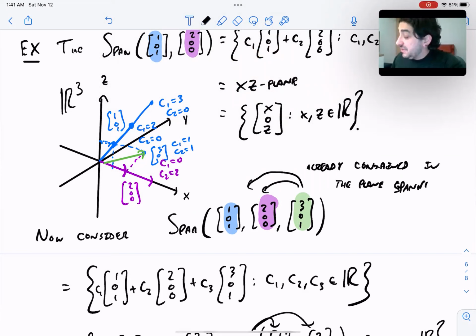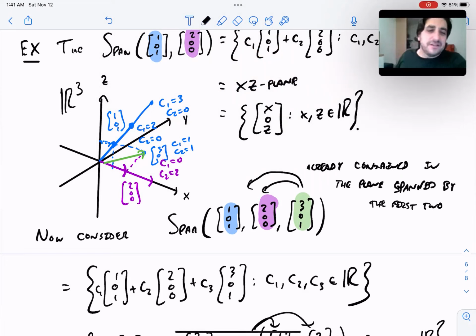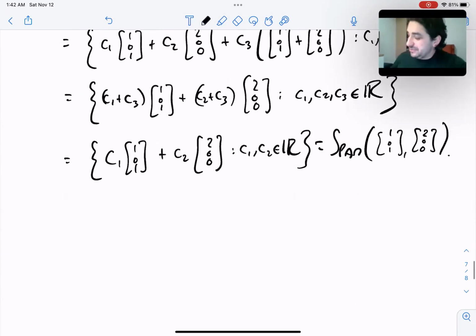The plane that was spanned by the first two. So it didn't give us anything new. That was already a point reachable as a linear combination of the first two vectors. So what is a nice word that describes this situation? We can say that these vectors were linearly dependent. There was a dependence among those three vectors in that one of them was expressible as a linear combination of the others. So this leads us to our definition.